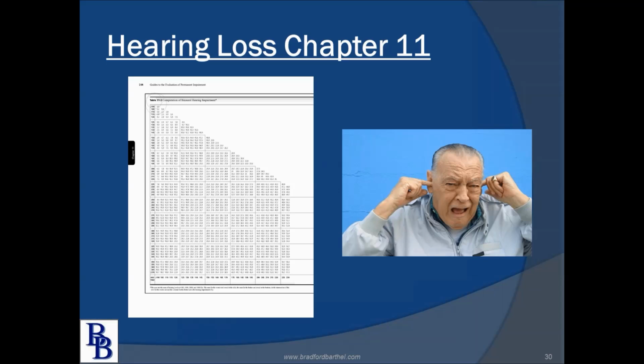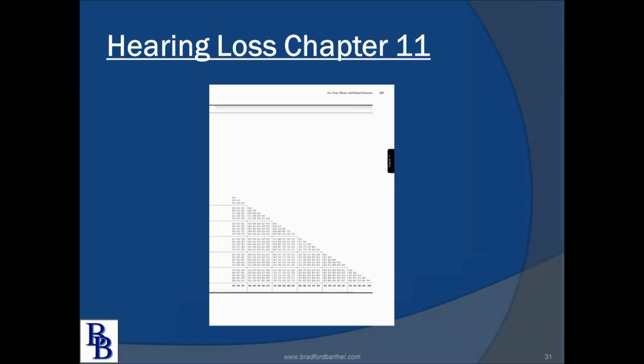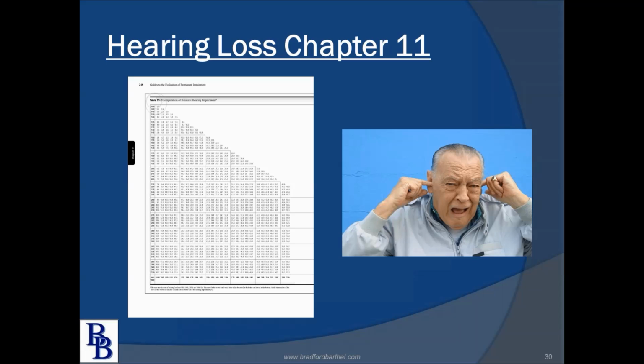So, boy, that's hard for me to read. But that's table 11.2, page 1. That's table 11.2, page 2. And what that has is the decimal sum, the DSHL here and a DSHL here, and you combine them and you get your binaural hearing impairment from that.